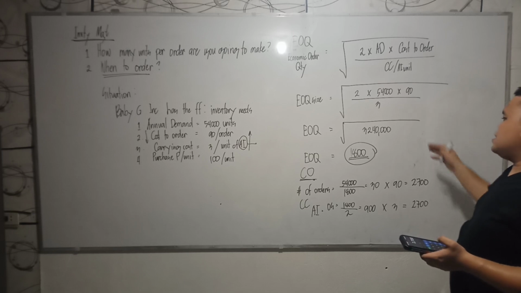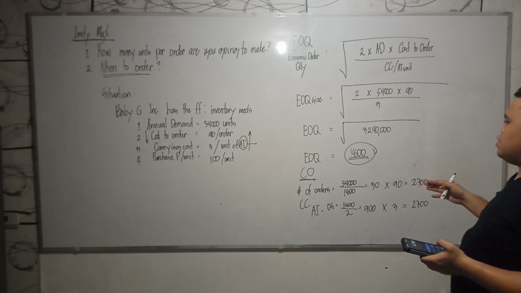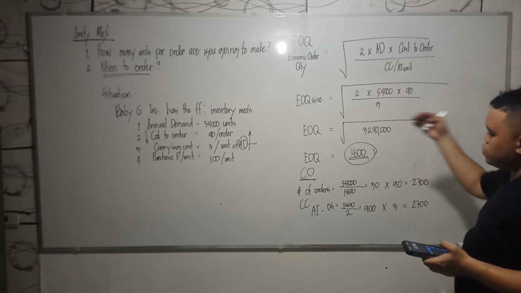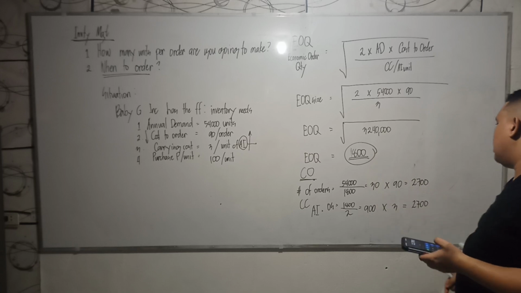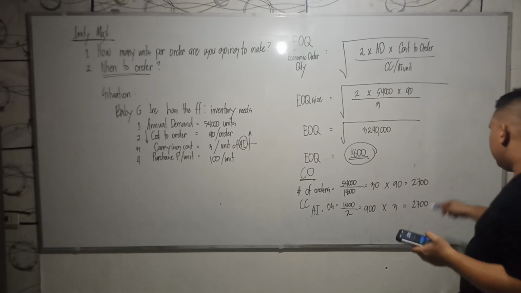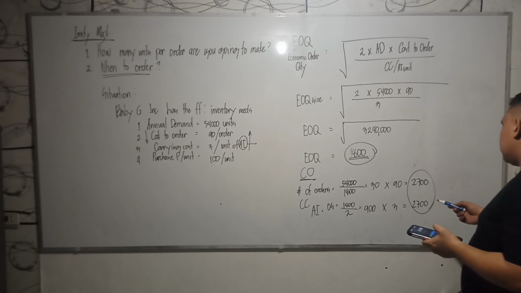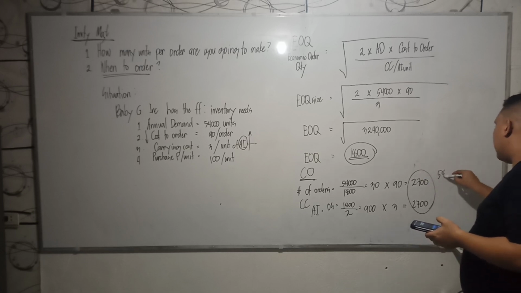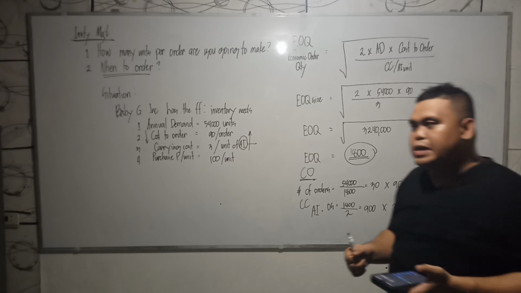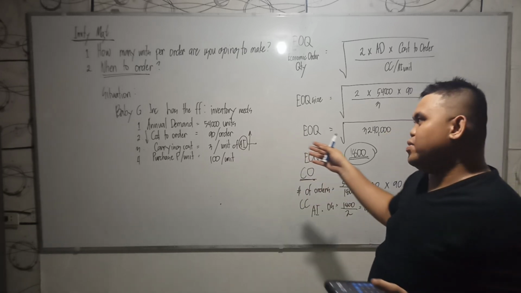This EOQ is coming from the idea of making the total cost to order and cost to carry equal. Okay? Now, let's compute. The total cost to order and total cost to carry, that's 5,400, which is lower than what we have experimented a while ago.